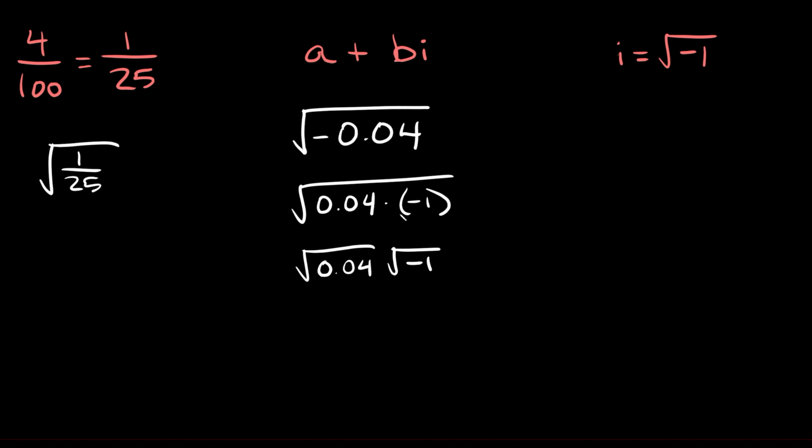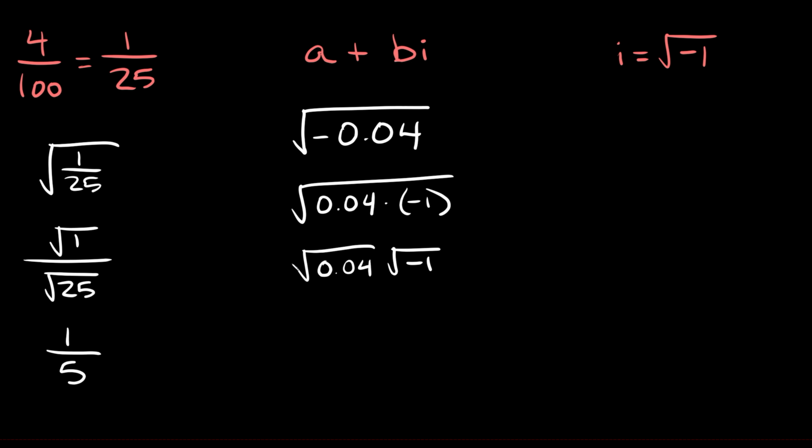So just like we can split up radicals when we're multiplying, we can also split up radicals when we're dividing. So this is the same thing as the square root of 1 over the square root of 25. On top, the square root of 1 is simply equal to 1, and the square root of 25 is equal to 5.